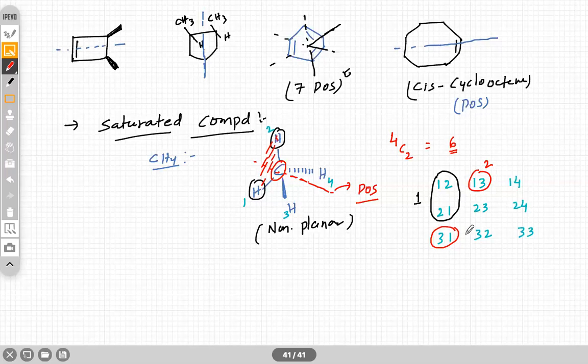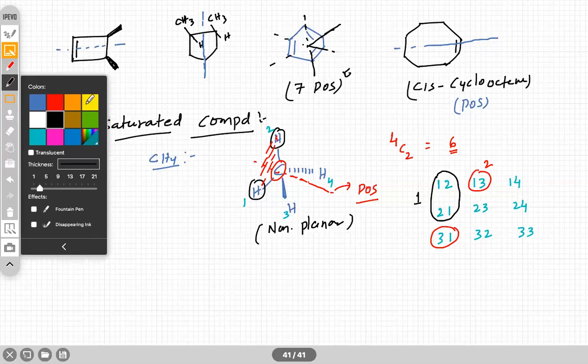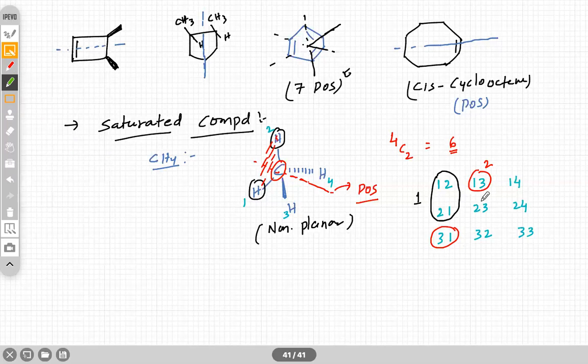These two give you 2. 2 3 and 3 2 give you 3. So 1, 2, 3, then 4, 5 and 6. So we have 6 planes of symmetry possible. 4C2 also you can calculate here. Right? So we have a plane of symmetry, hence it is not optically active.